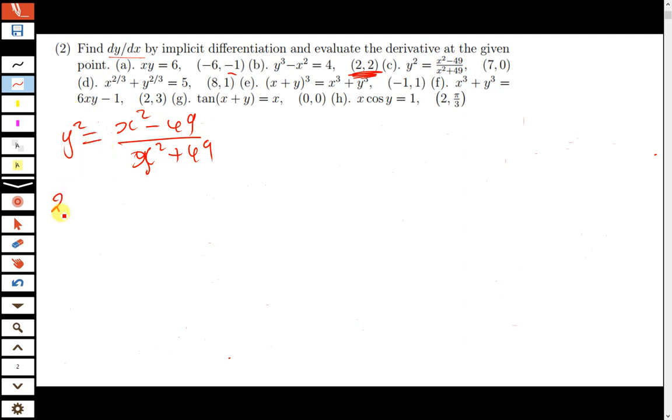This part will just give us 2y dy dx. But this other part we're going to use the quotient rule. So we know f prime of x according to the quotient rule is v u prime minus u v prime, everything over v squared.